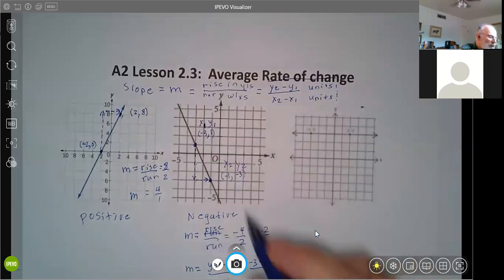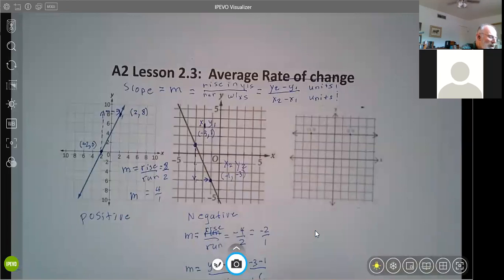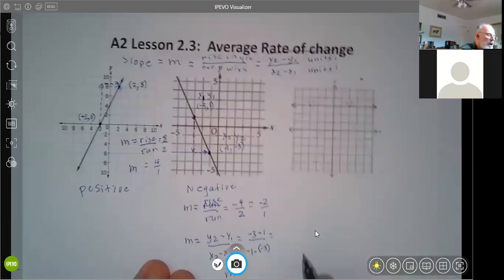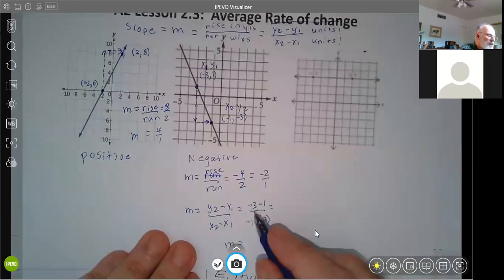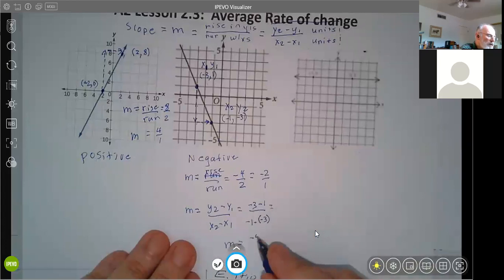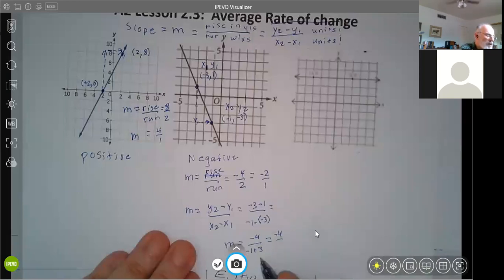Now here you have to be careful. You have to put in negative 3 here. So you've got double negatives. And that simplifies to m equals, let's see here, negative 3 minus 1 is negative 4. This is negative 1 plus 3. So negative 1 plus 3 is positive 2.